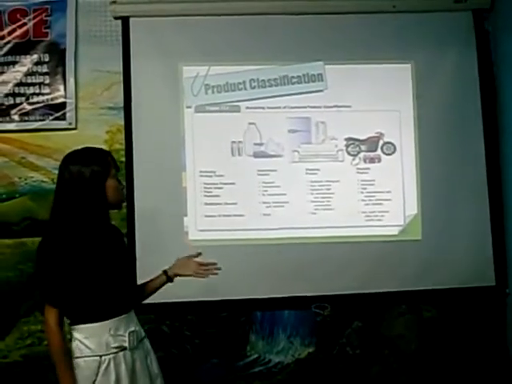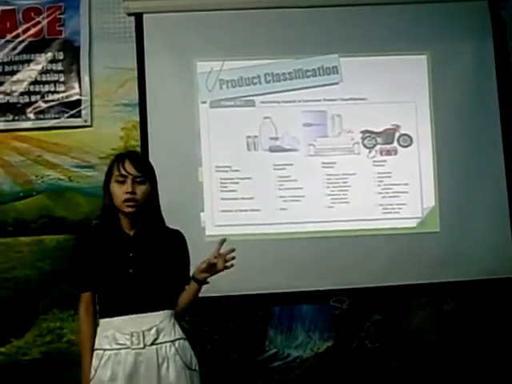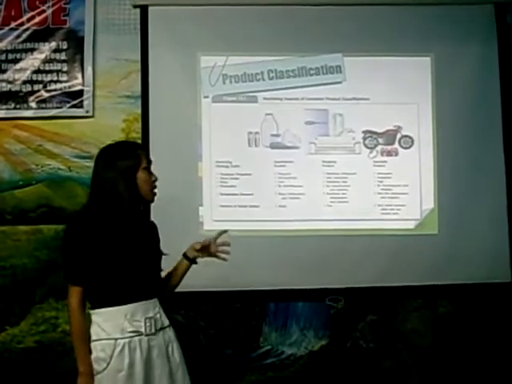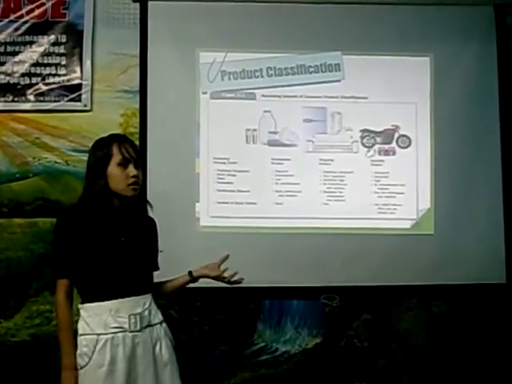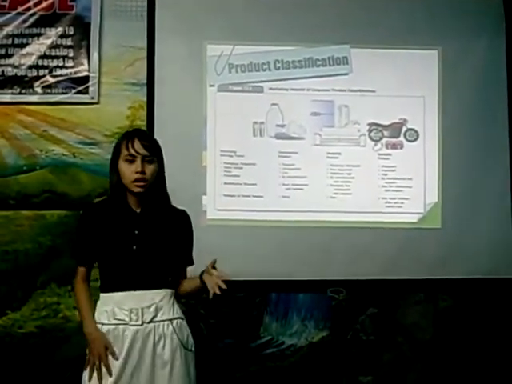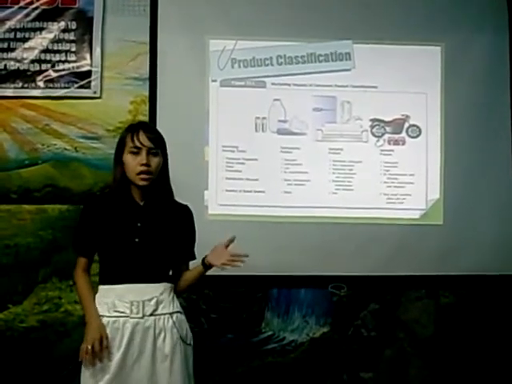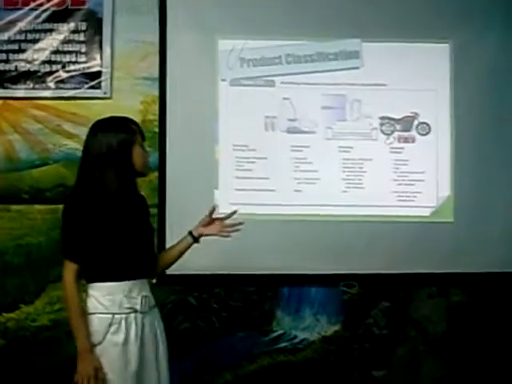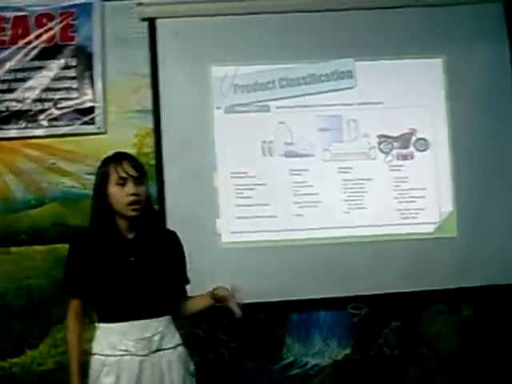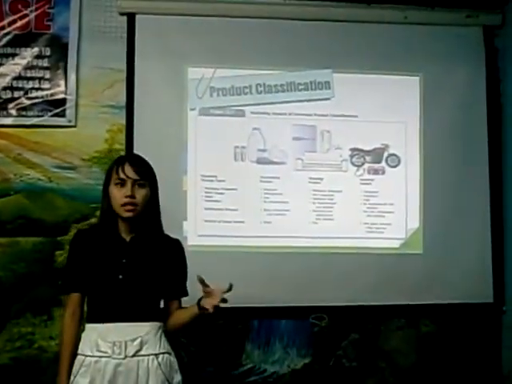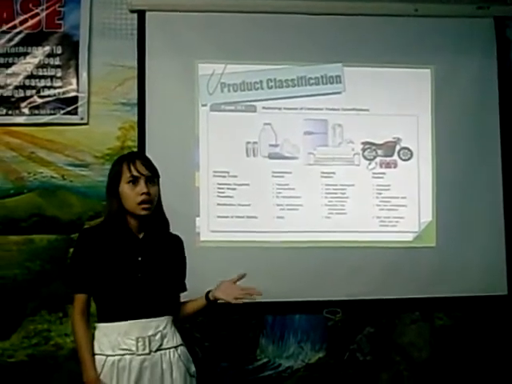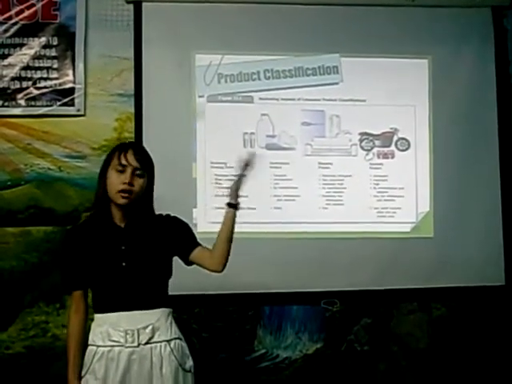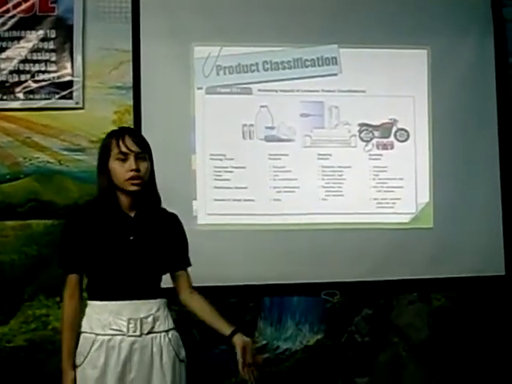Specialty products focus on one product, and shopping products are those that are usually bought in the malls or grocery store. Convenience products are those that can be bought outside the neighborhood or in the stores.